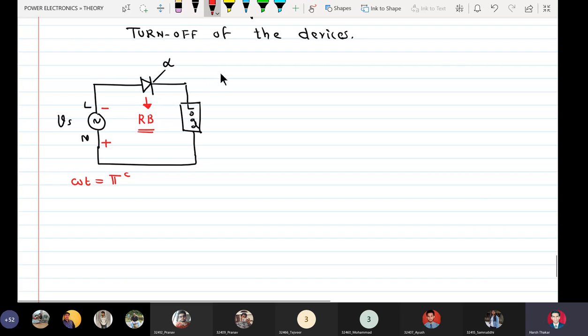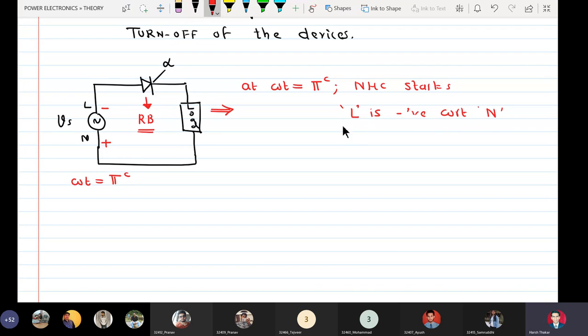So in this particular circuit at omega t equal to pi radians, negative half cycle starts, line is negative with respect to neutral, SCR is reverse biased, hence automatically commutates.